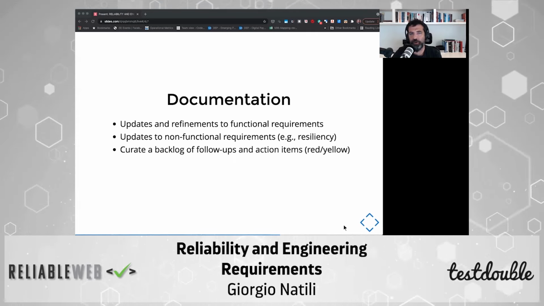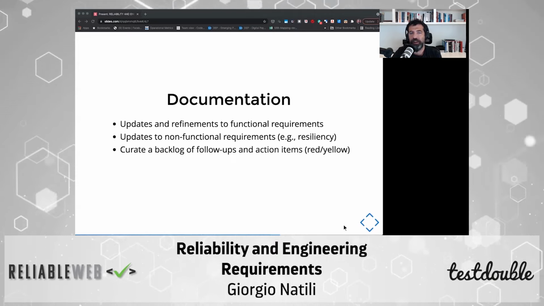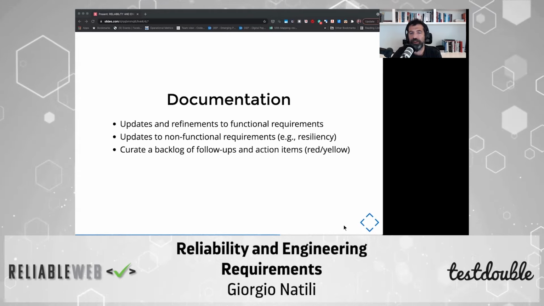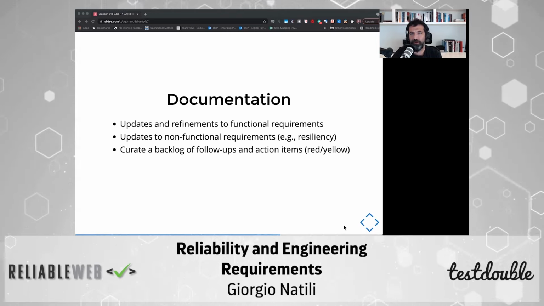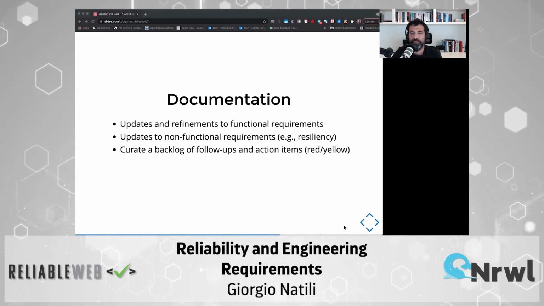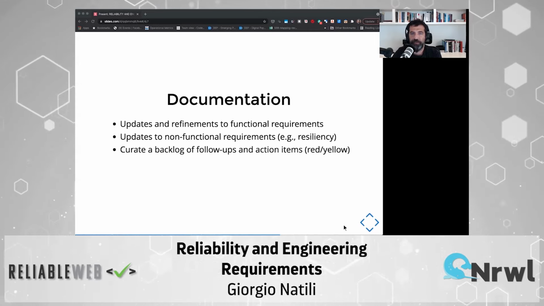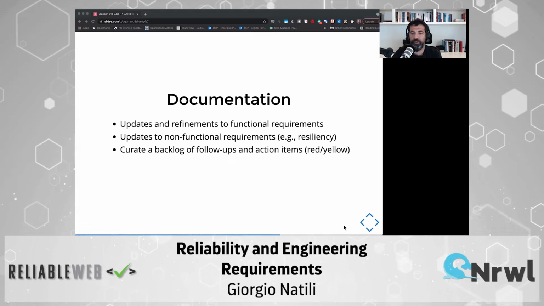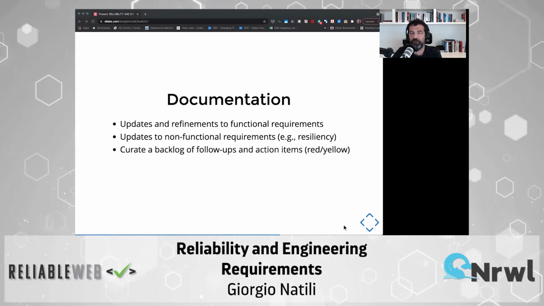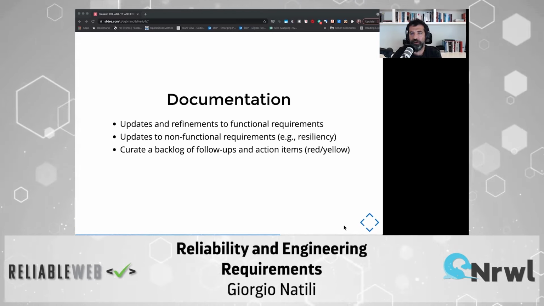It doesn't matter which one, you can have a simple backlog of follow-ups. And you can also start to understand what are the red and yellow areas of the system under discussion. For instance, a red area can be that you don't have enough alarms. A yellow can be that the cache behavior is not yet verified. All of this should be documented and should be the drivers of prioritization of your next discussion.